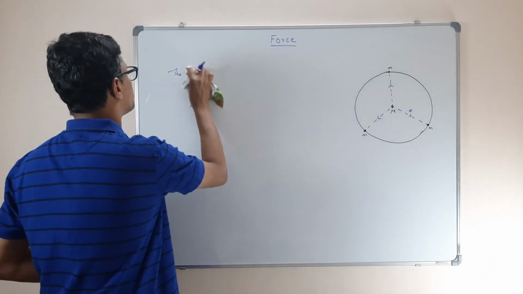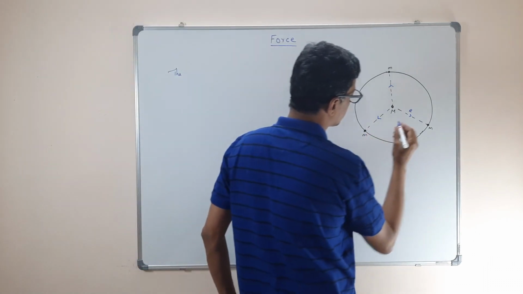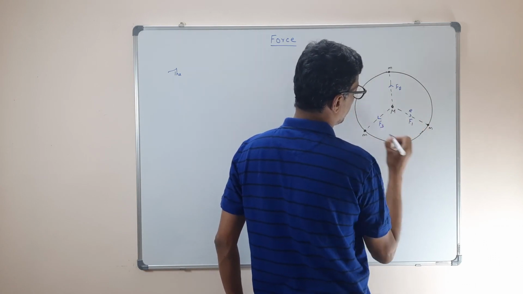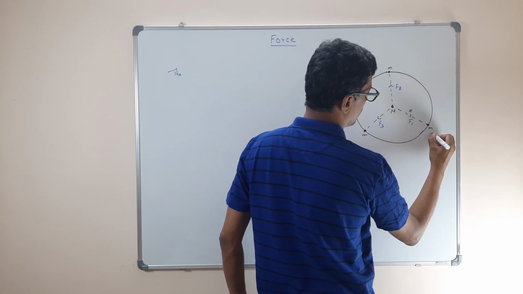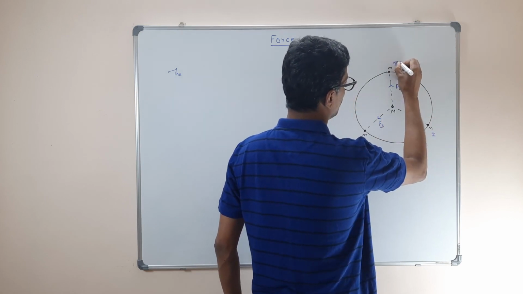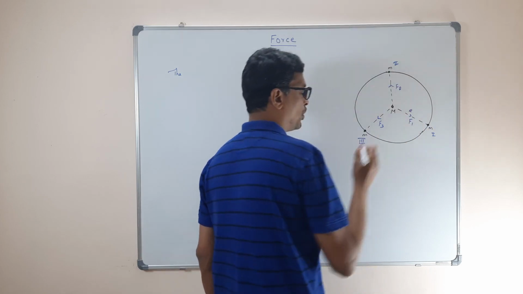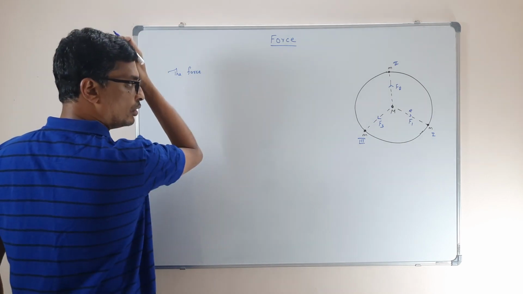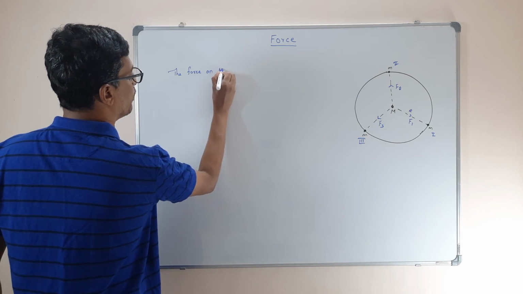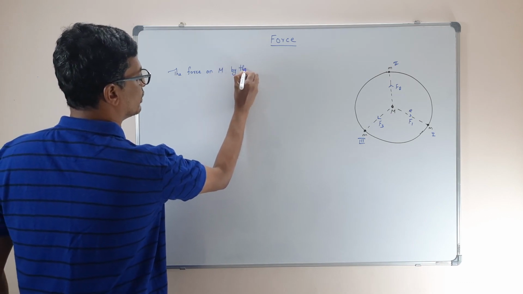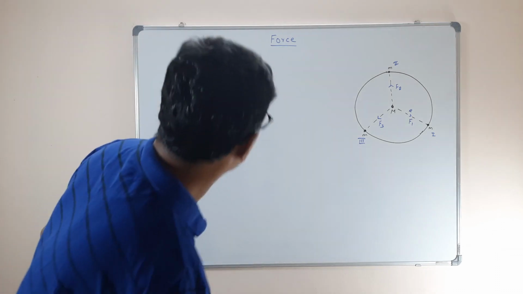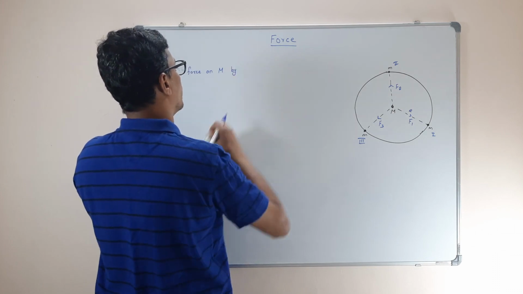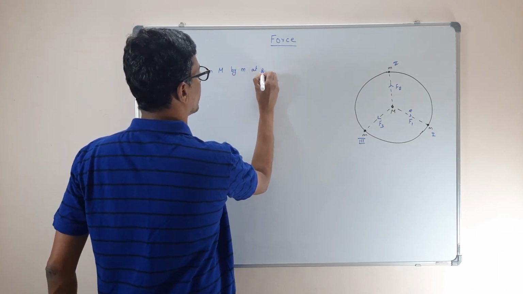Let me call this F1, F2, F3. Let us call these point mass 1, 2, 3. The force on M by the point mass M at a distance, how much?